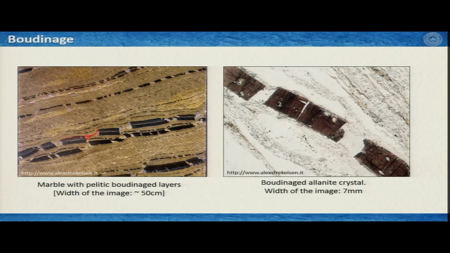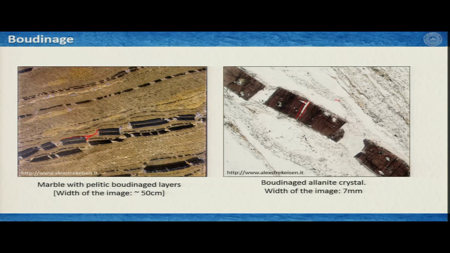But this is an example of a boudinage structure, and this is an allanite crystal, these dark things. This is a microscopic image, the width of the image is 7 millimeter, and at least from this image we see the allanite crystal got fractured along its length, and we see the separations here, another separation happening here, and the separation here as well.